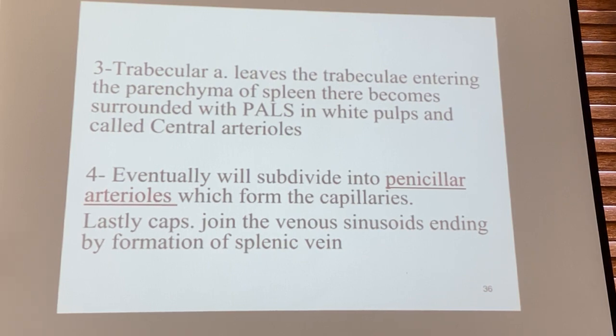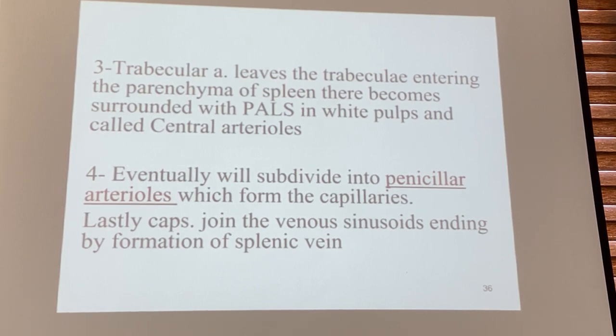Eventually, these central arterioles subdivide into very small and narrow branches called penicillar arterioles. These arterioles end with capillaries. These capillaries later on will join the venous sinusoids, forming the splenic vein.